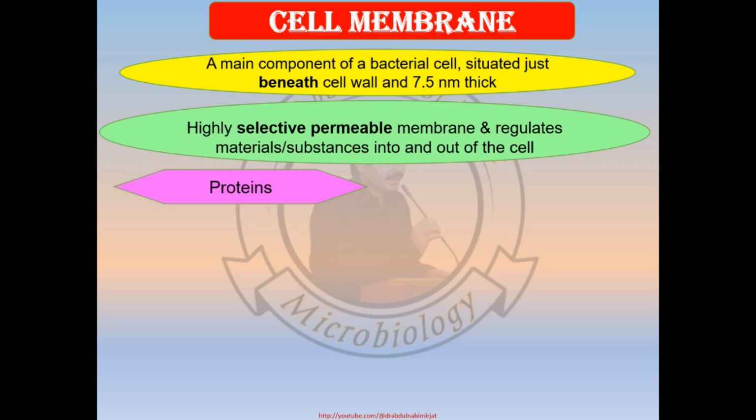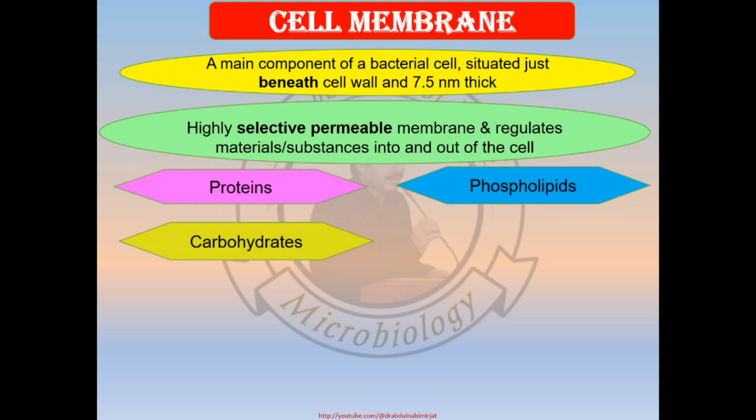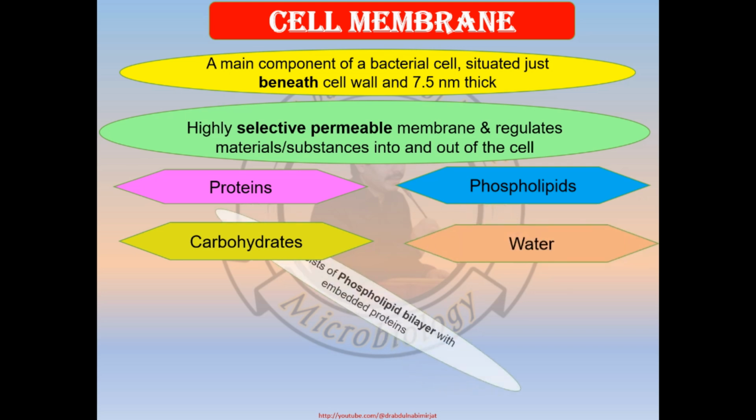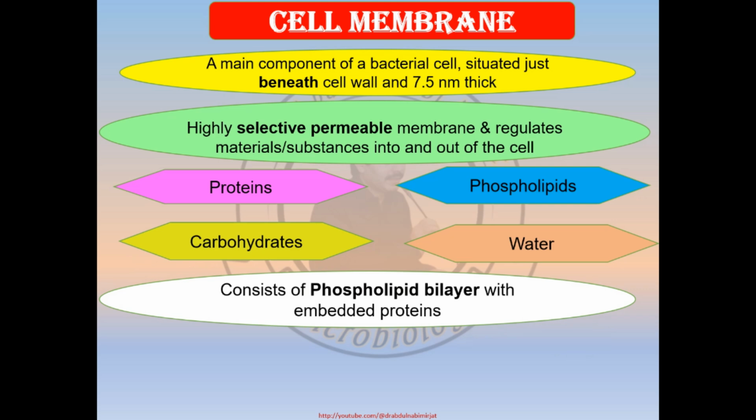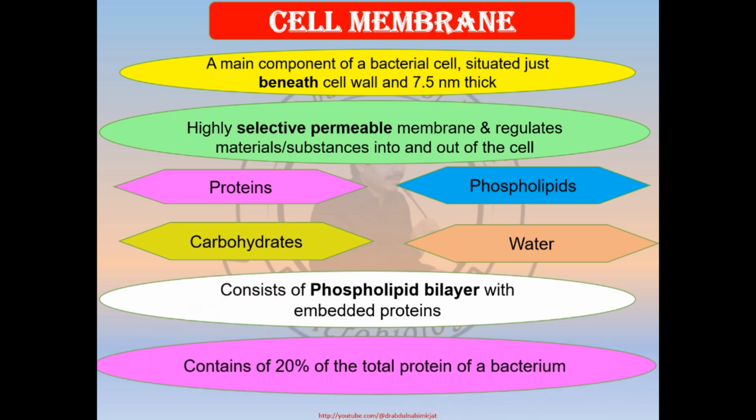It is composed of proteins, phospholipids, carbohydrates, and water molecules, and it consists of a phospholipid bilayer with embedded proteins. It contains 20% of the total protein of a bacterium.